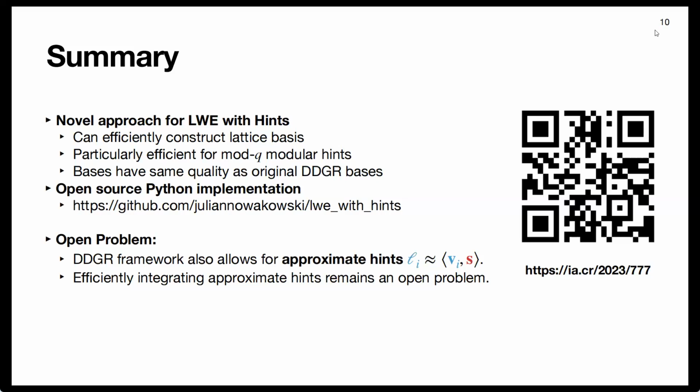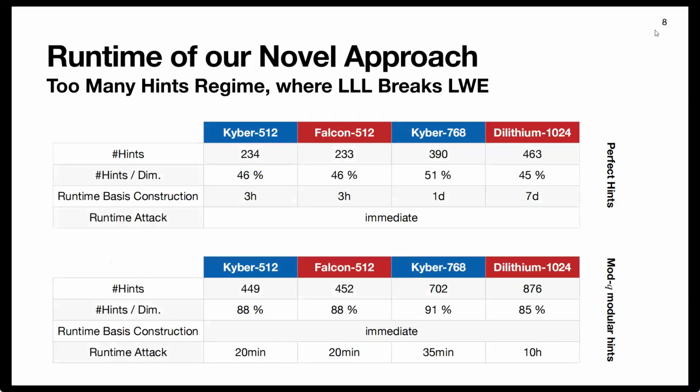Thanks for the nice talk and very nice work. I'm wondering, how did you sample the hints when you did the experiment? Yeah. In both settings, perfect and modular hints, we just took random hints with random entries between 0 and Q. Okay, thanks.